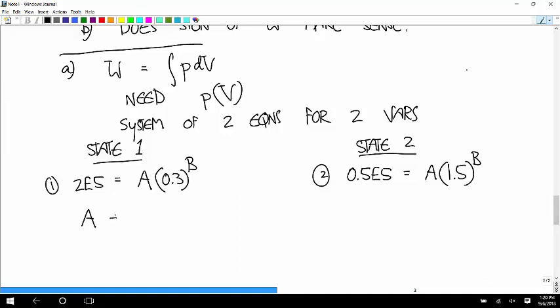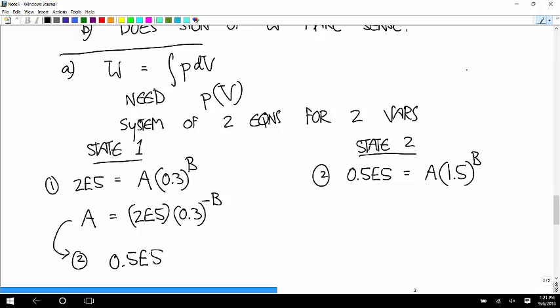From this one, we know that A is equal to 2 times 10 to the 5th times 0.3 to the negative B. Now plug that into equation 2, and you have 0.5 times 10 to the 5 is equal to 2 times 10 to the 5 times 0.3 to the negative b power times 1.5 to the b power.